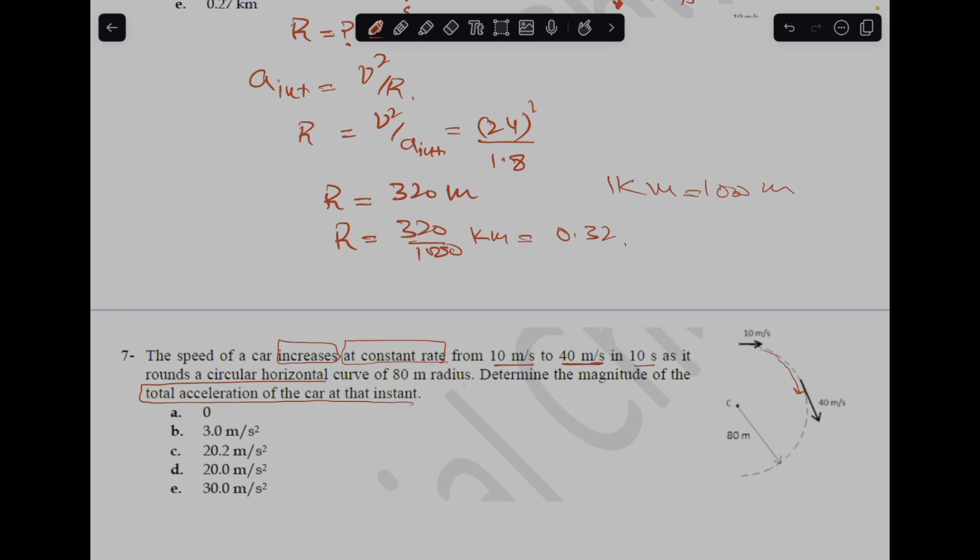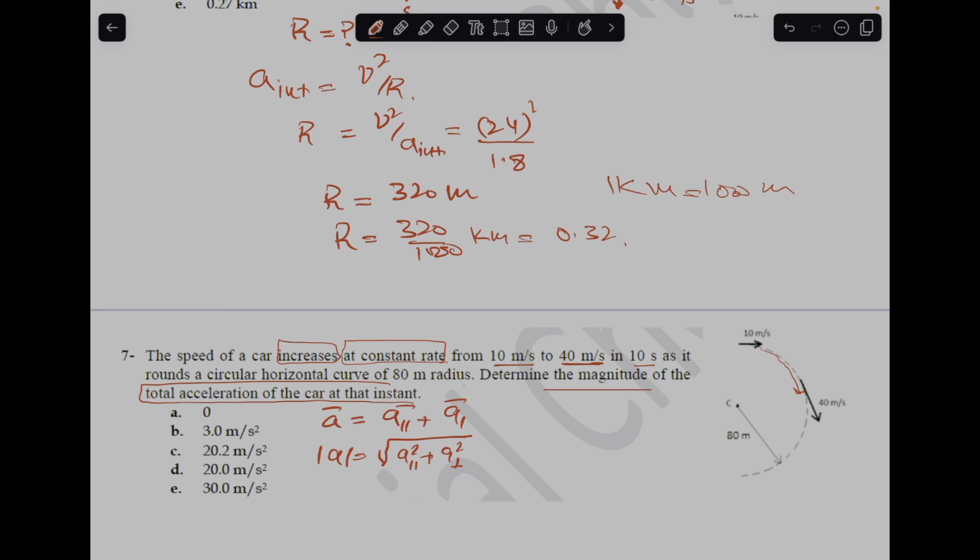Determine the magnitude of the total acceleration. So we want to know the magnitude of the total acceleration. When the speed is not uniform and the speed is changing, the total acceleration is the parallel component plus the perpendicular component. And what is the magnitude? It is the square root of a parallel squared plus a perpendicular squared.